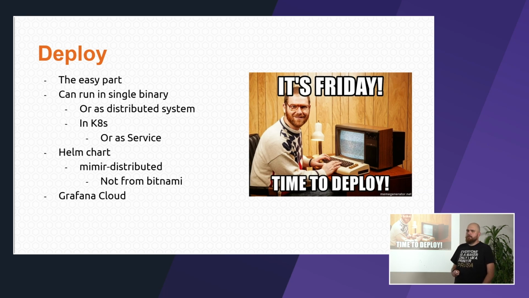You would like to run Mimir distributed, which actually happened a month ago. I deployed Mimir distributed, and I almost crashed the autoscaler that Google has for nodes, because I scaled from 14 nodes to 30 just because I deployed Grafana Mimir. The Mimir distributed Helm chart is not from Bitnami.